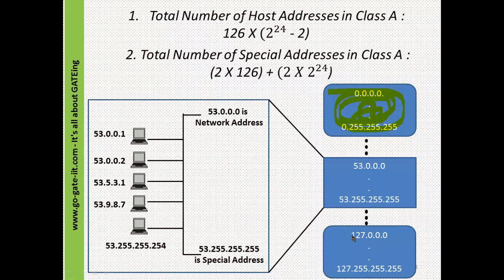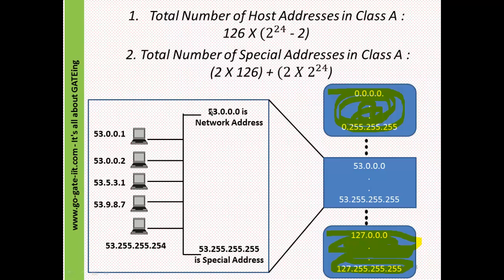Similarly, as I told, 127.0.0.0 to 127.255.255.255 again belongs to the special IP address case. That's how we got 2 into 2 raised to 24, and the rest of the IP addresses are 2 into 126.